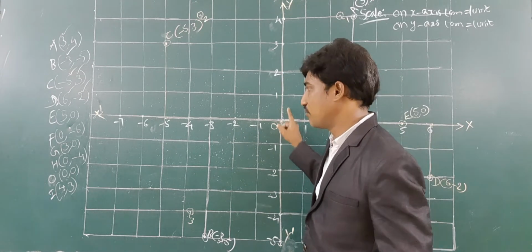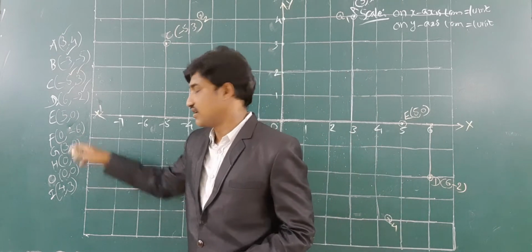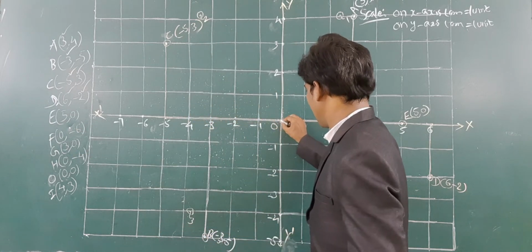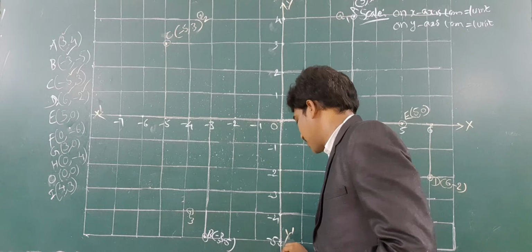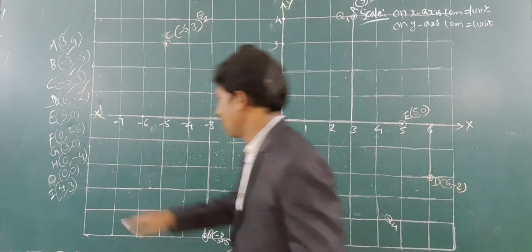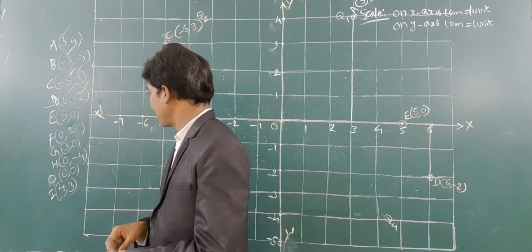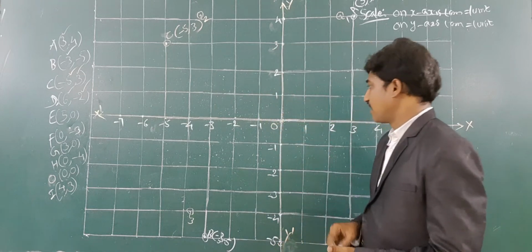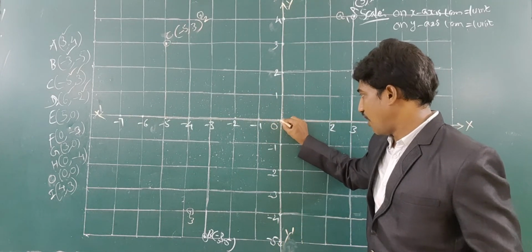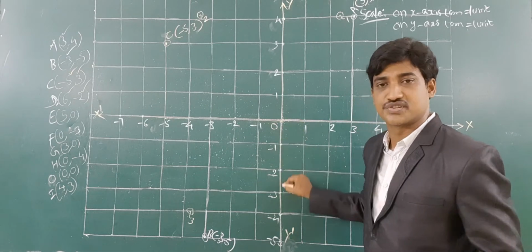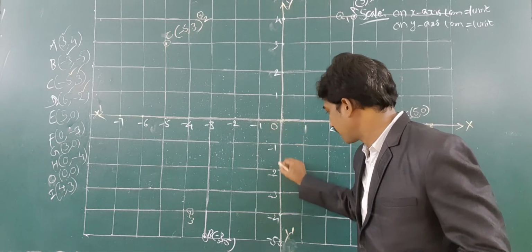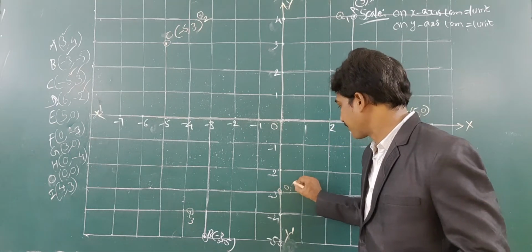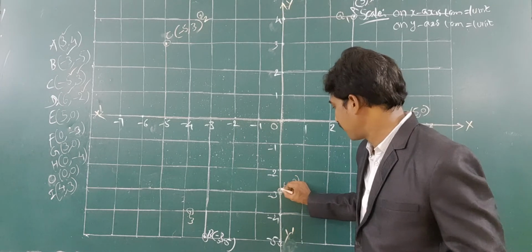If it is negative, move downwards. Here (0, -6), we need to move downwards 6 units. Let me take this point as (0, -3): moving 3 units downwards from the origin, at -3 we get the point (0, -3).